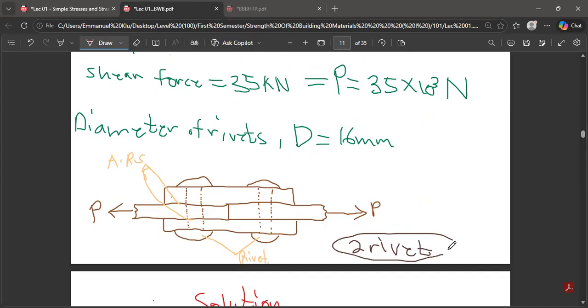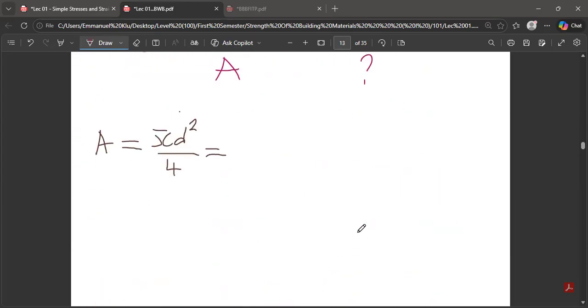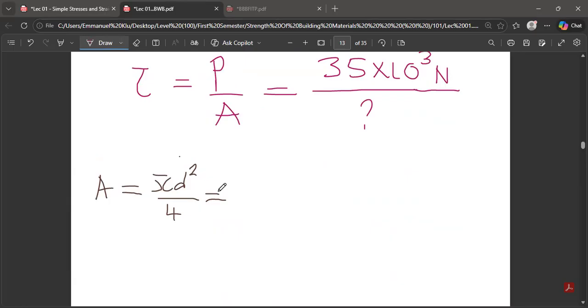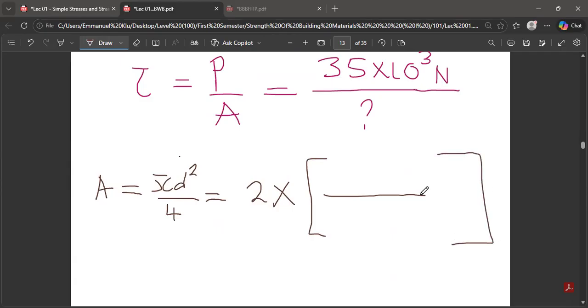Keep it very well. Because the rivets are 2, we have to multiply the area times 2, whatever we are going to do in this bracket.